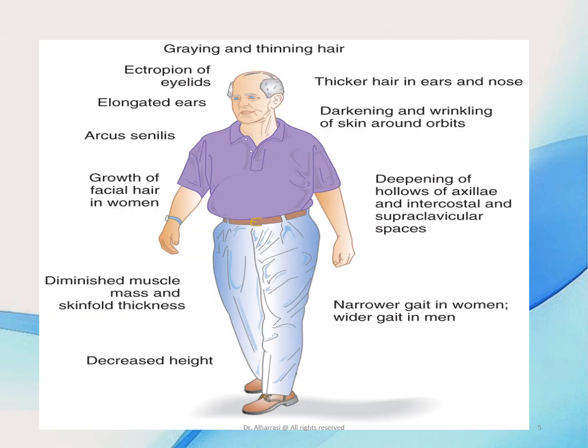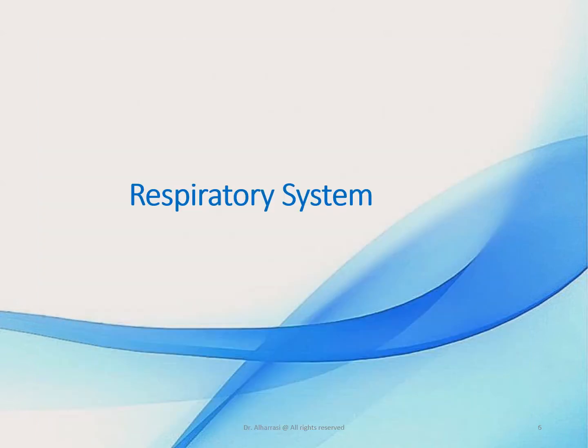This picture depicts all the aging changes that happen. You can see here in the picture there is a thickening of the hair around the ear and nose. Also, there is darkening and wrinkling of the skin. There is, for example, a narrow gait in women and a wider gait in men, in addition to the other changes that we have talked about.